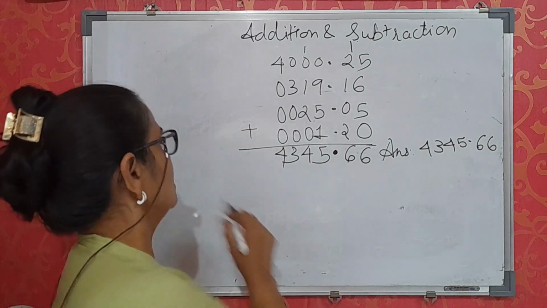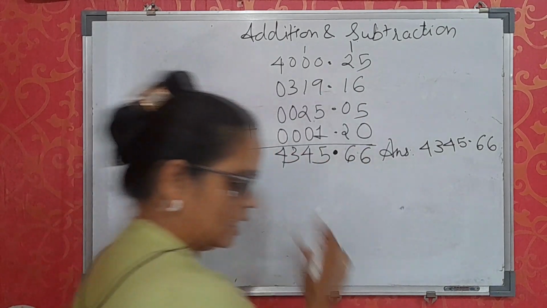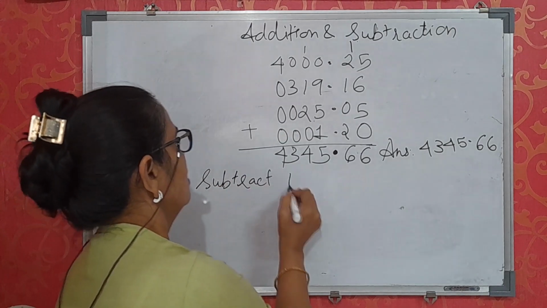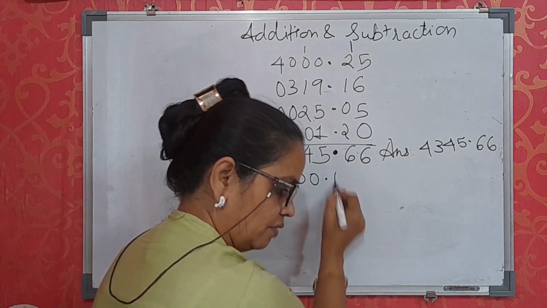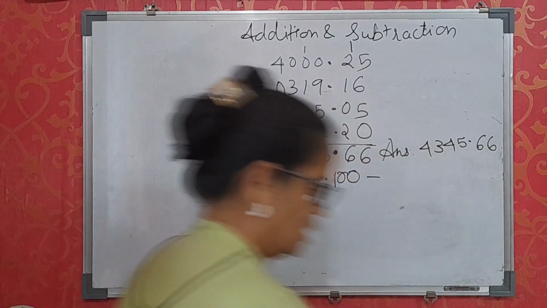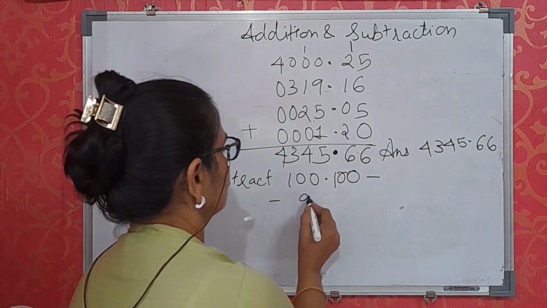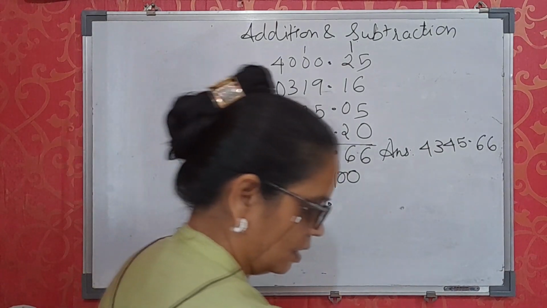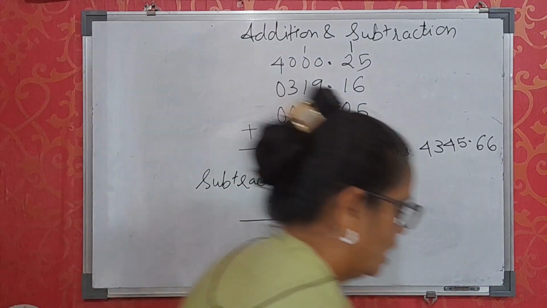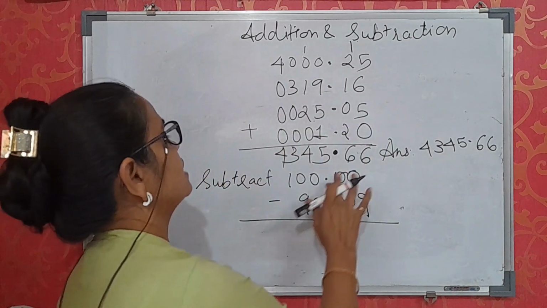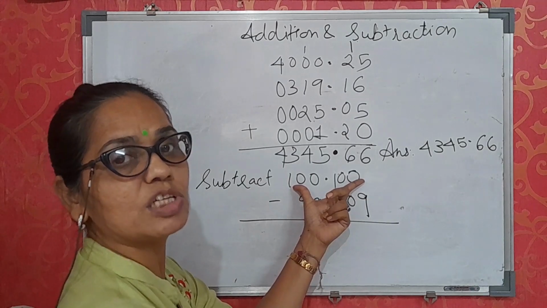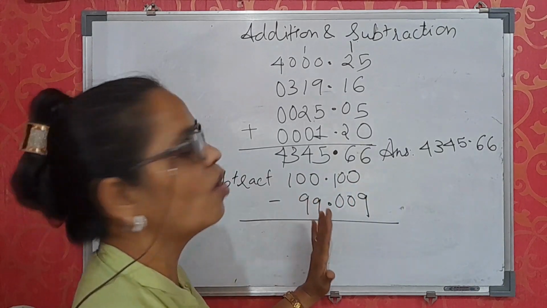Now we will solve one subtraction sum. Suppose your question is like this: subtract 99.009 from 100.100. Now normally, even in normal subtraction, children make mistakes in solving this type of sum with 0s. So what do you have to do?